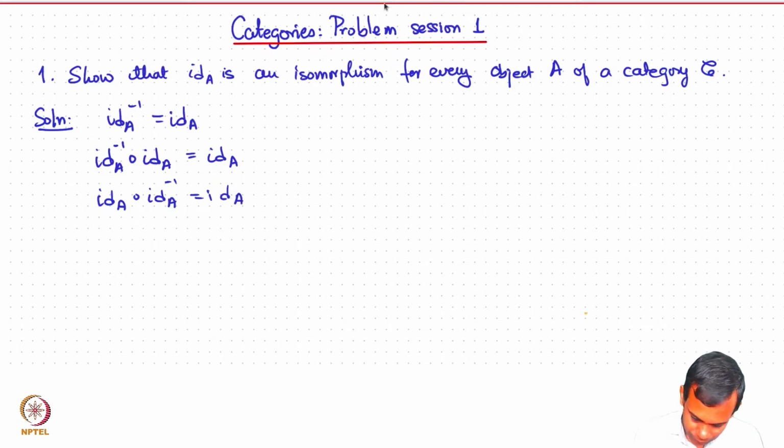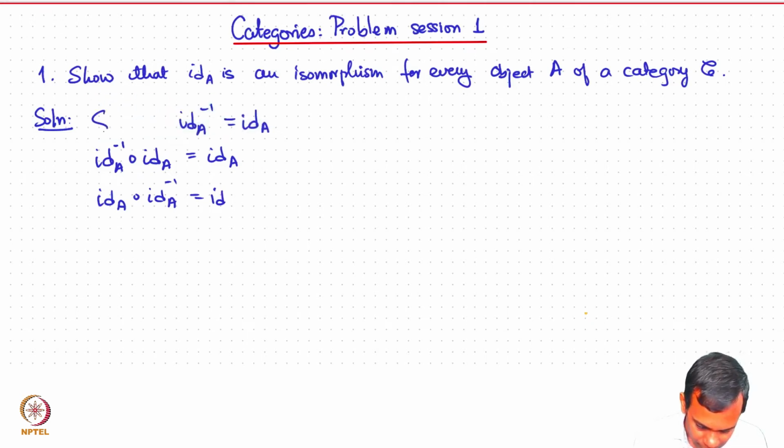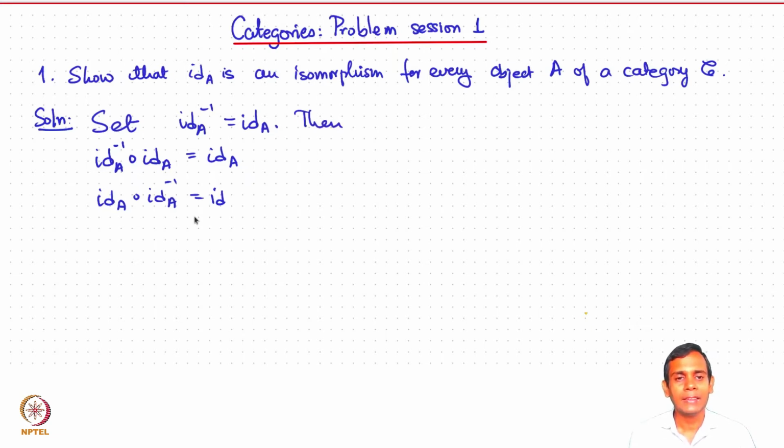So just to write this down nicely, I'll set identity A inverse equals identity A. Then we have these things which establish that identity A is the inverse of the identity. Okay, so that was easy.